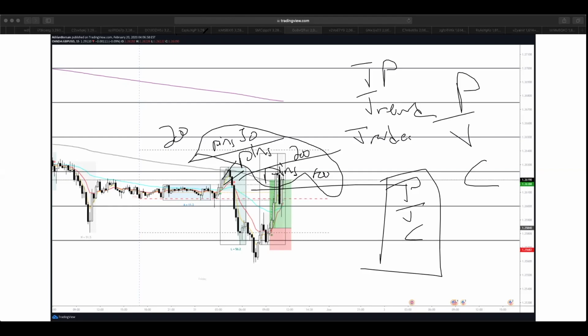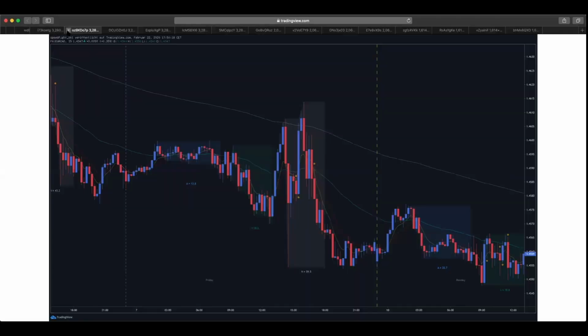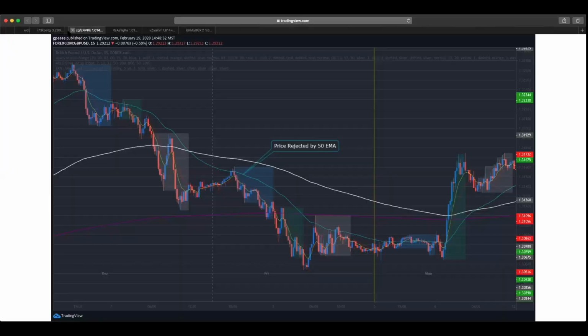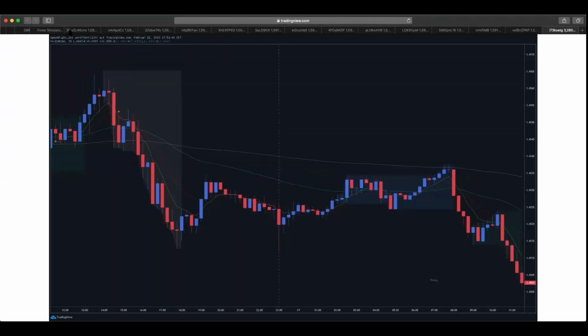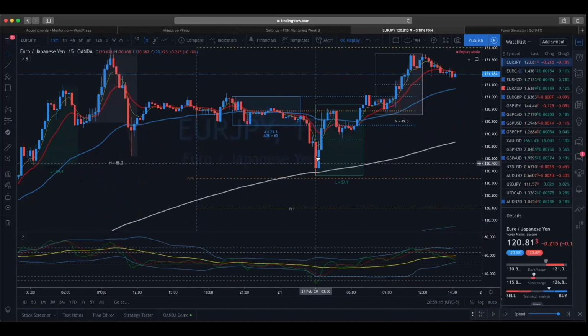Let me see if I can pull it up real quick because it's a really good example. What time frame is that? 15 minute chart. Here, this one. So, Asian range here, straight move down, pin to the 200, pinned to the previous week's high.